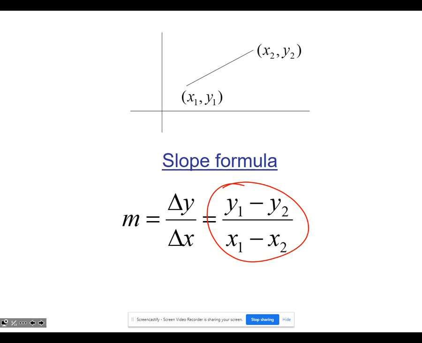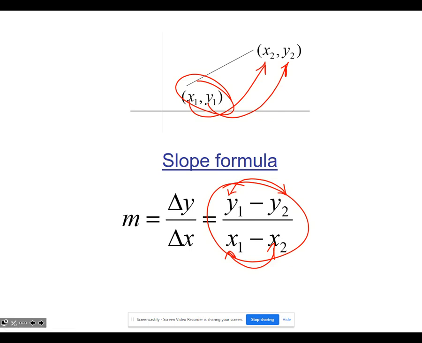Now, the first thing that you're probably thinking is, isn't it supposed to be y2 minus y1 and x2 minus x1? And the answer is no, even though that's the way that you tend to see the formula written. You just have to be consistent. If you decide to find the slope and start with this point and subtract to the other point, whatever y you start with, you got to start with that x.